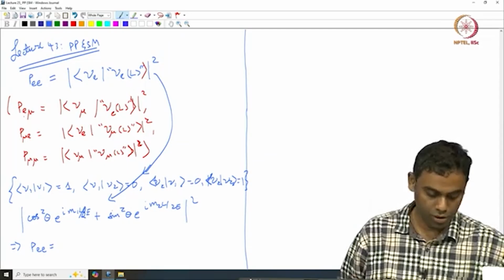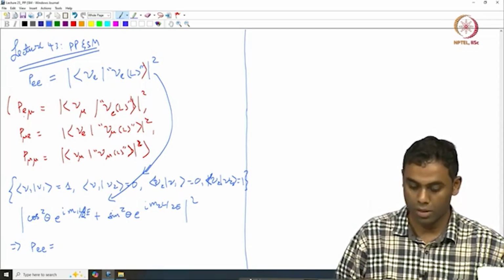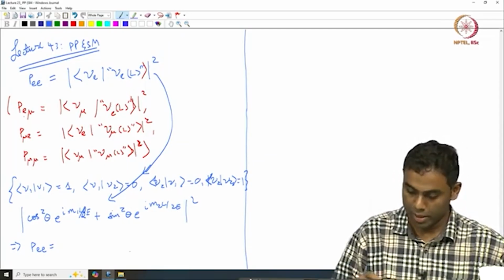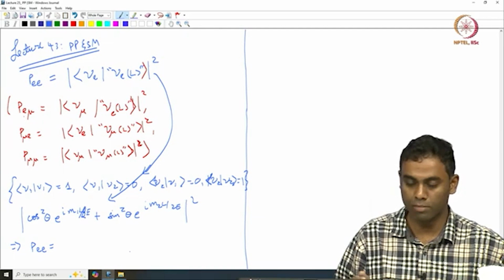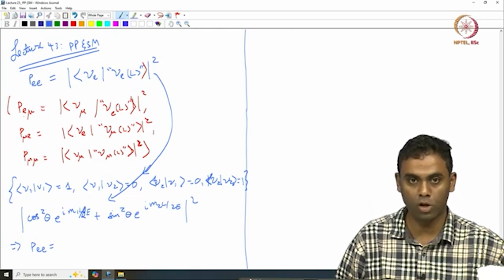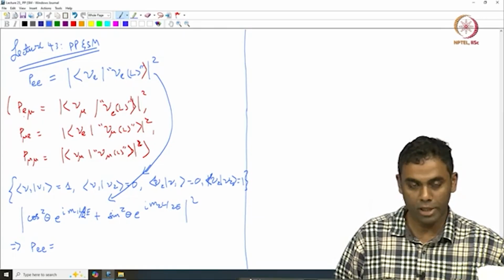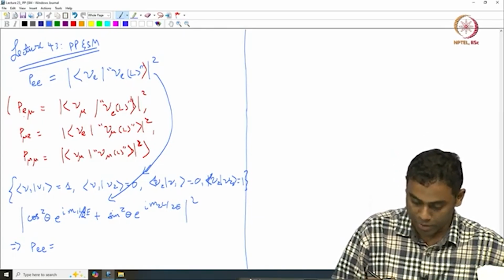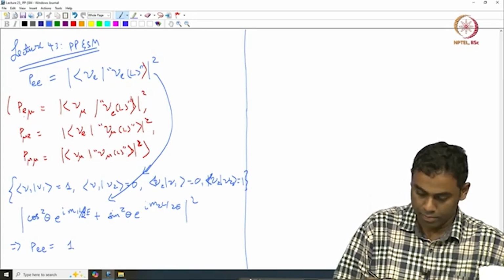So this simplification I am not going to do now. You go ahead and expand this. You know how to do a squared plus b squared, but this is just with the absolute value. These are complex numbers. Do the expansion, simplify it.